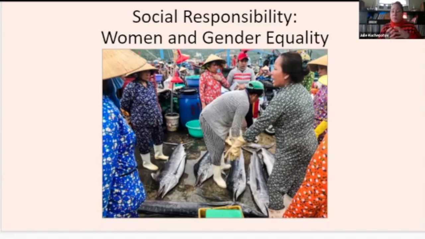And in social responsibility, clearly women are also very much, the majority of women are found in the processing sector, and we know that 50% of people in global seafood production are women. So women play a huge role in global seafood production, but they are generally discounted and ignored and invisible.